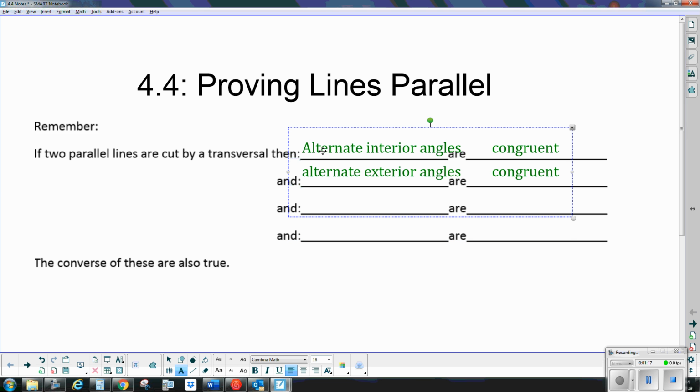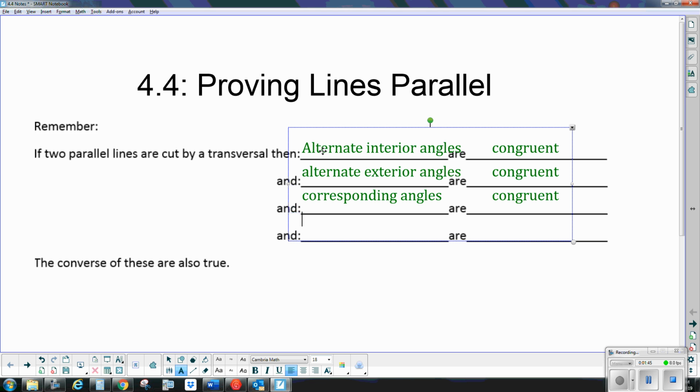The third angle relationship we looked at was corresponding angles. So if two parallel lines are cut by a transversal, then corresponding angles are congruent. And then the last one doesn't talk about congruence, but it does talk about parallel lines cut by a transversal.